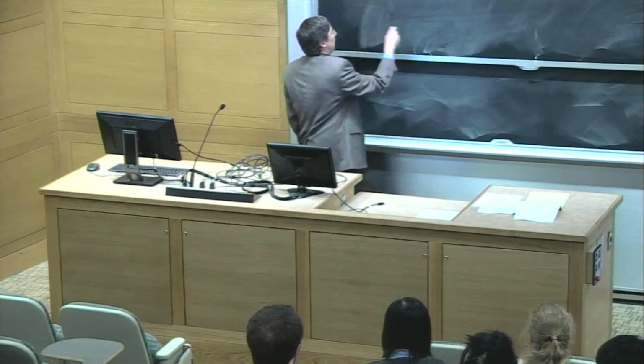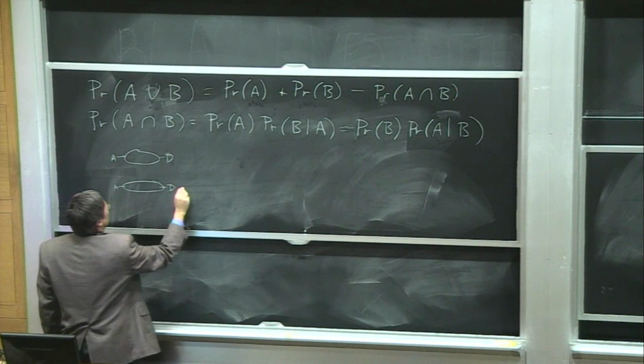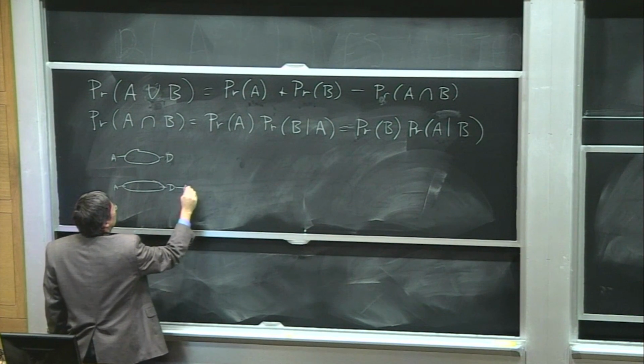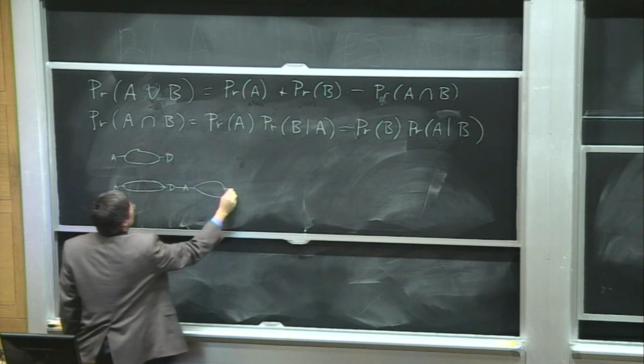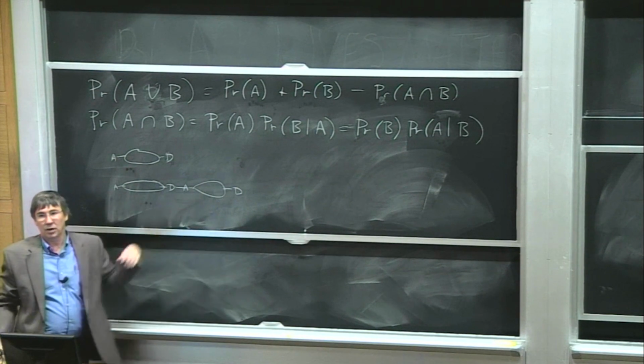The donor can react with the acceptor, so you can end up with things like this, and so on. So this is the monomer, this is the dimer, and you can keep on oligomerizing like this.